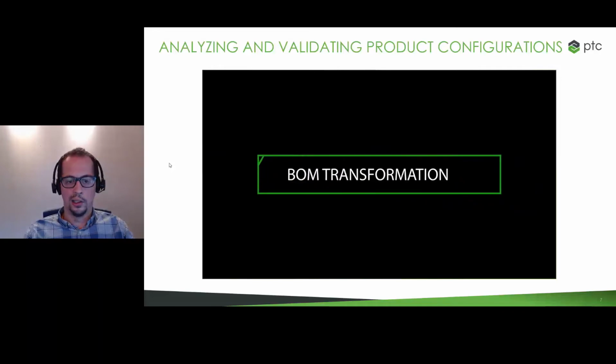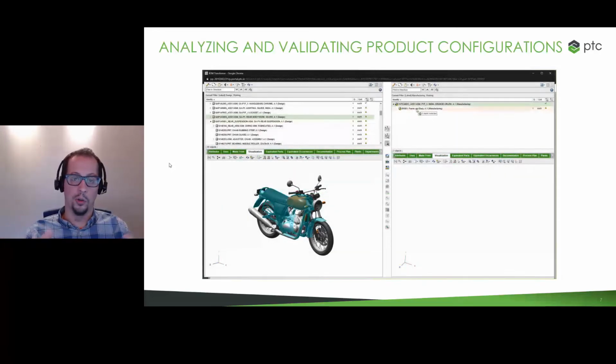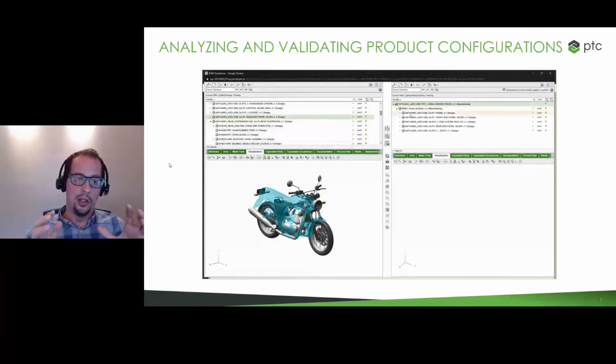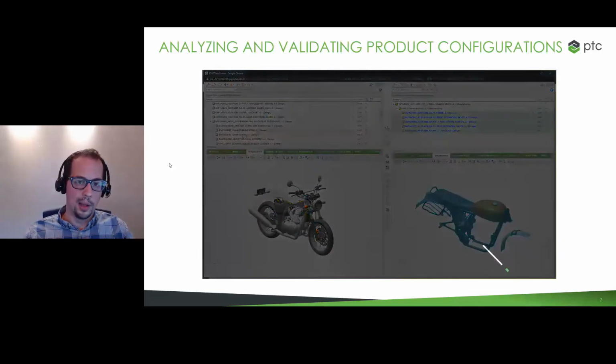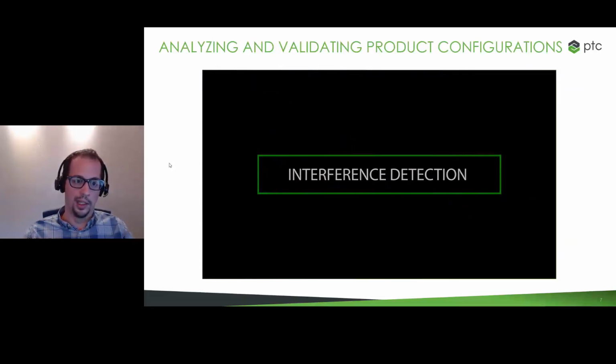You can do things like use that information to help drive BOM transformation. You can use that filtered product to identify and visually consume how you may need to reorient that bill of material to manufacture in a particular plant.